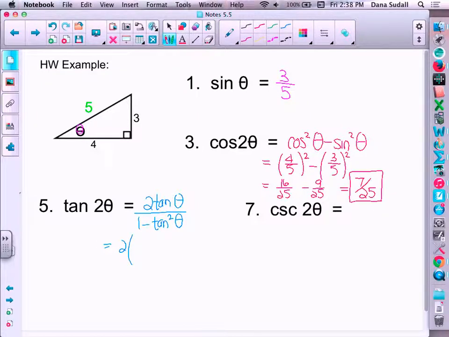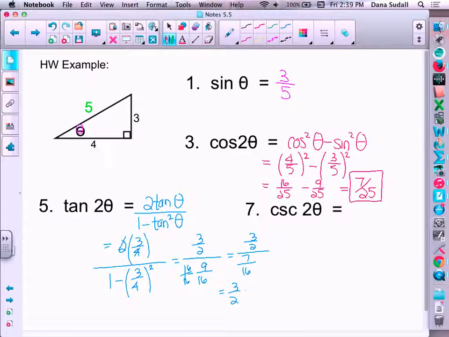So looking at that triangle, my tangent is 3 over 4. 1 minus 3 over 4 squared. So I'm going to reduce this numerator here. I would have 3 halves in the top. I have 1 minus, square root of the top is 9, square root of the bottom is 16. So I have 3 halves in the top. This would be 16 over 16 minus 9 over 16 would give me 7 over 16.